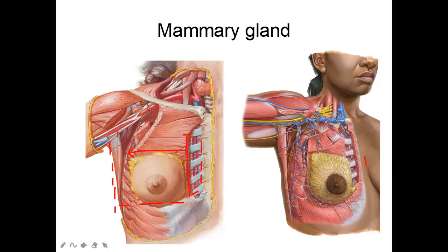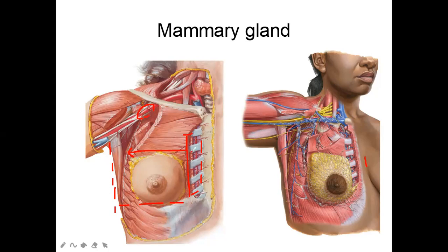But largely, we want to talk about the blood supply coming from the second part of the axillary artery. So remember, the thoracoacromial and the lateral thoracic supply the breast. So two vessels come from the second part of the axillary artery, perforating branches from the internal thoracic, and other branches from the intercostal arteries. That is the supply of the breast.